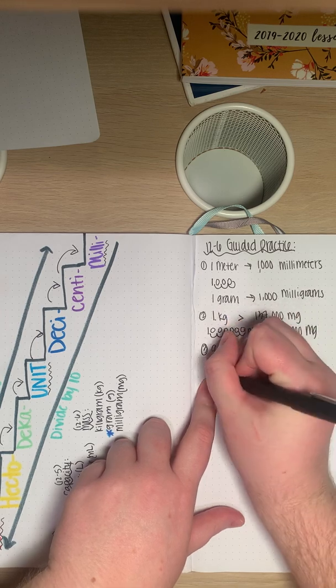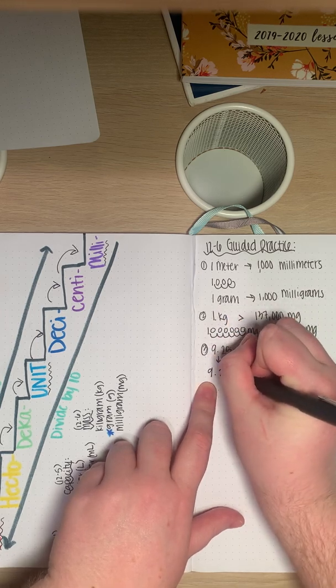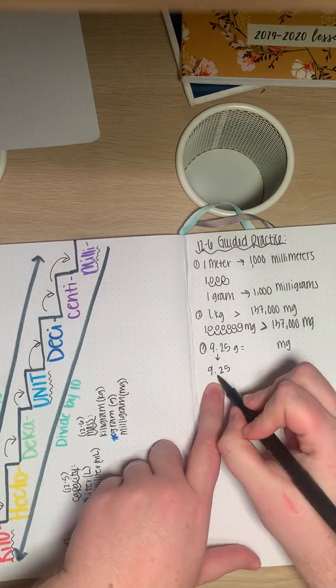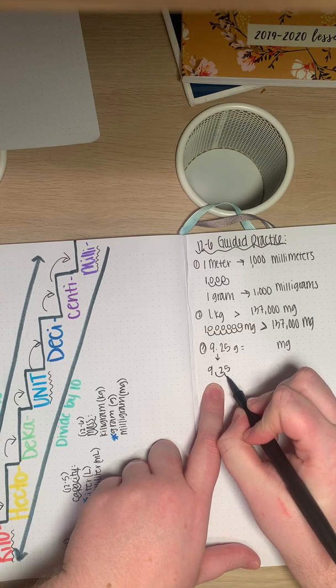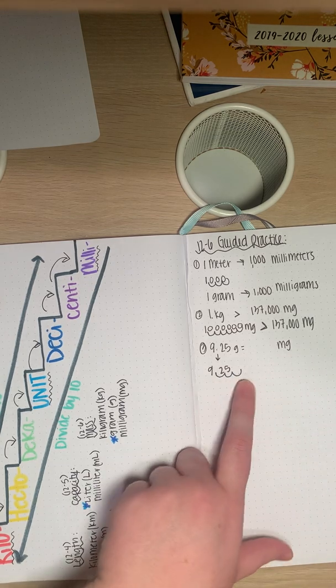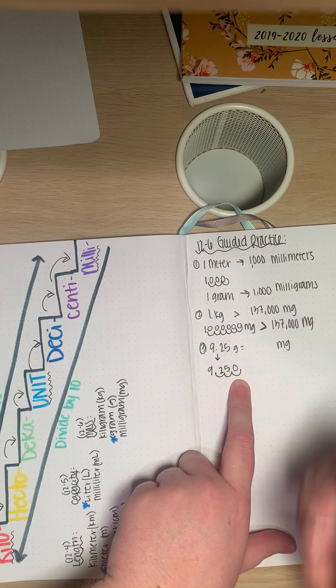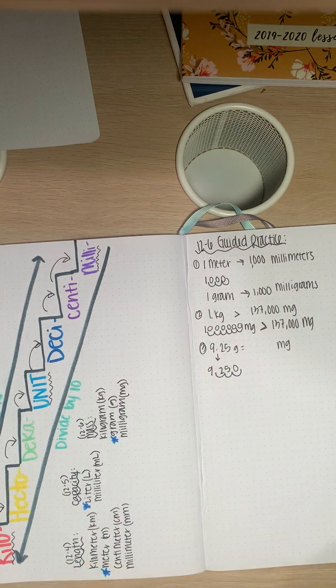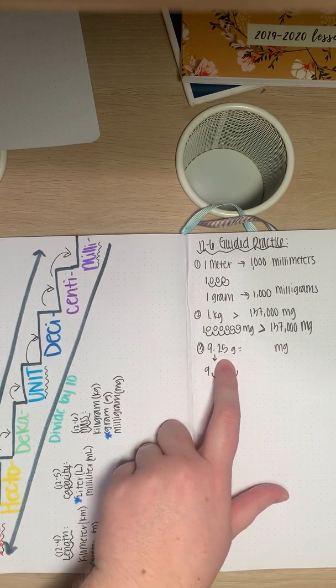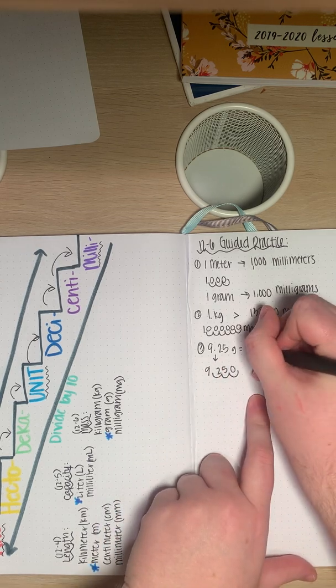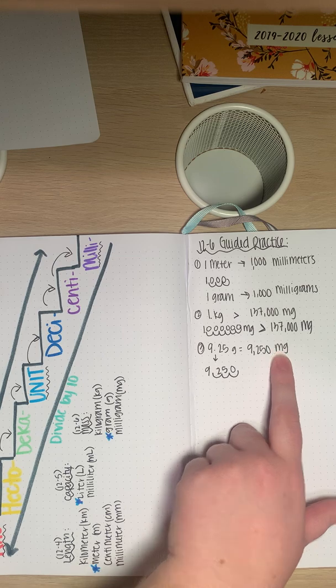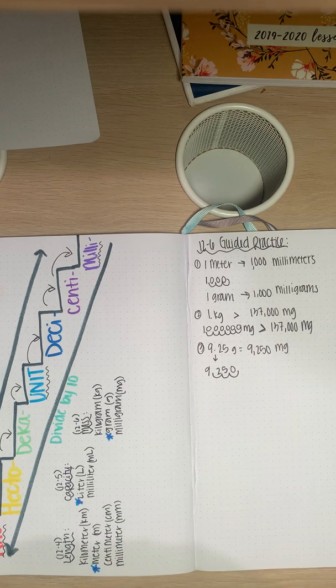So I'm going to bring this down so you can see a little better. So my decimal is here, and I'm going to move 1, 2, 3. I'm going to fill that in with a 0. So 9 and 25 hundredths gram is the same as 9,250 milligrams. Okay.